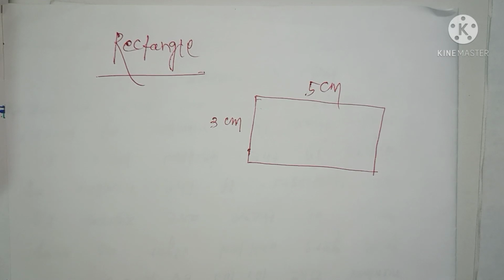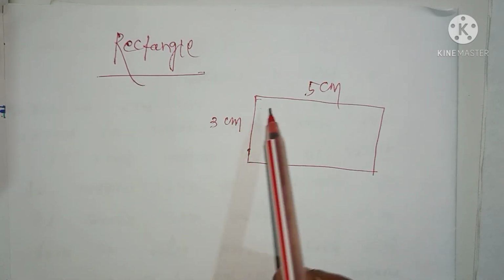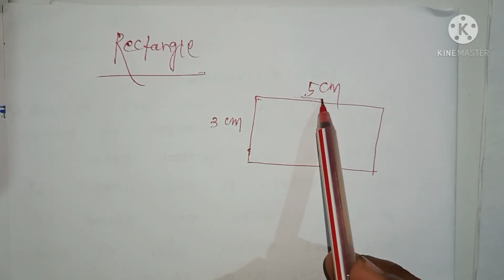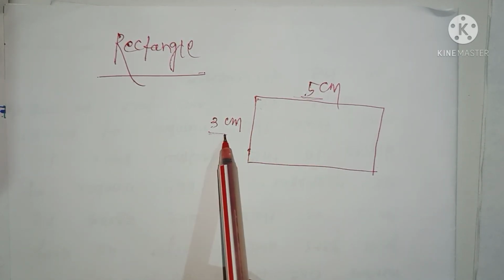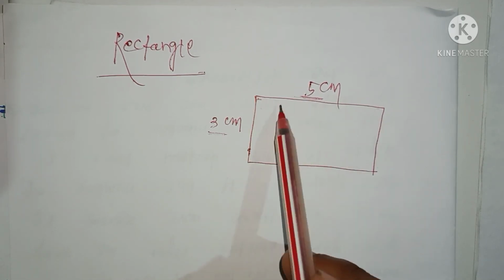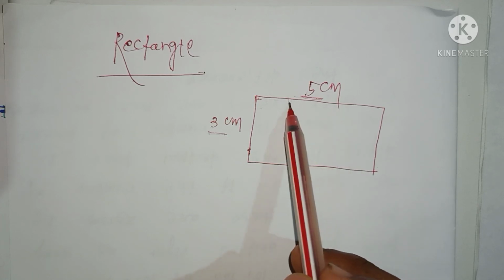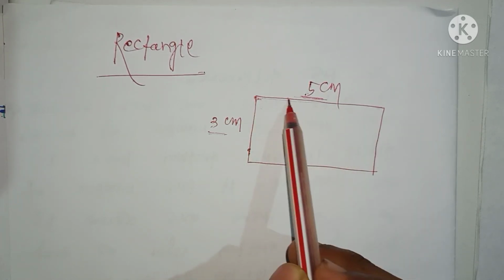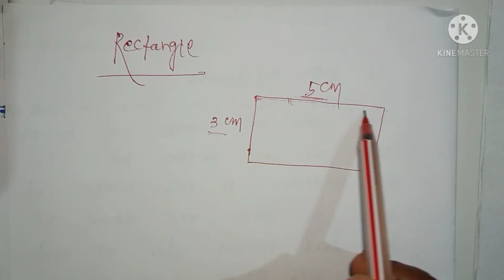Okay. So see how we can easily find out the area of the rectangle. Suppose this is a rectangular figure, the length of the rectangle is 5 centimeter, and the breadth is 3 centimeter. Here 5 centimeter means we have to divide this length into 5 equal parts.